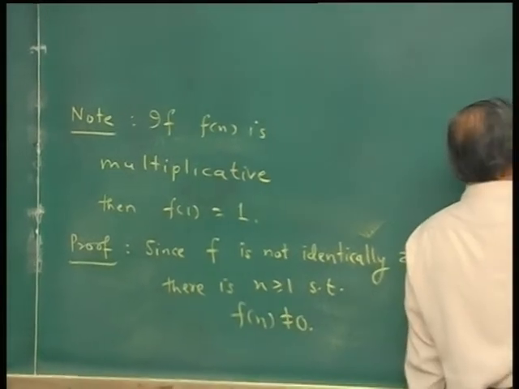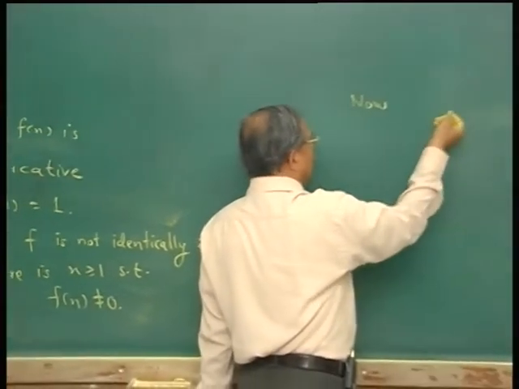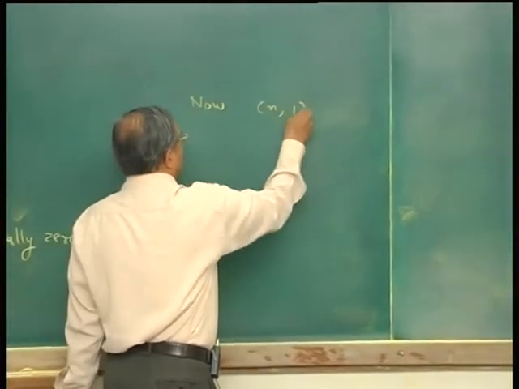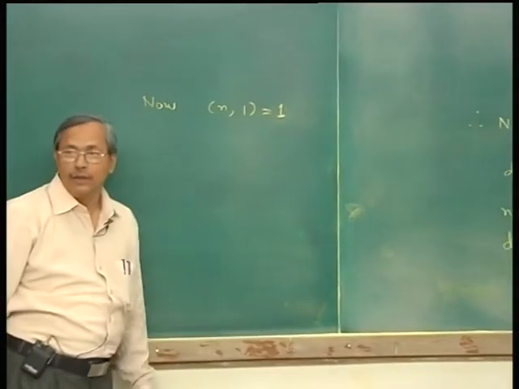Now we can consider n and 1, they are coprime, gcd of n and 1 is 1.